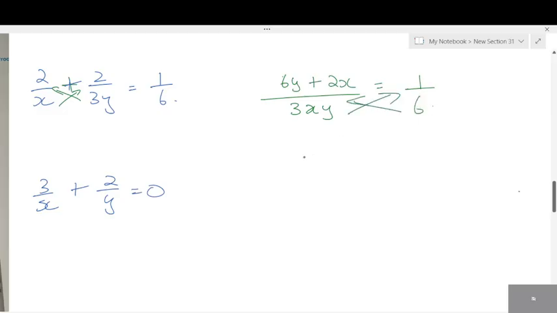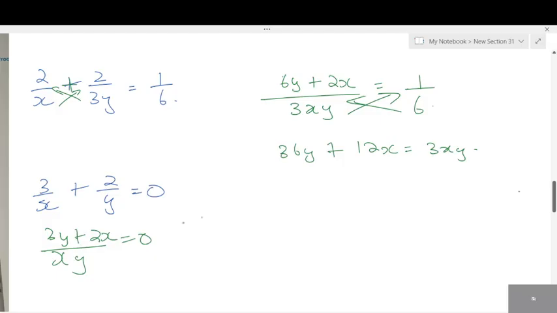Then when you cross multiply, what do you get? That is 5 plus 12x is equal to 5. And this side, what do you get? 3y plus 2x is 0.